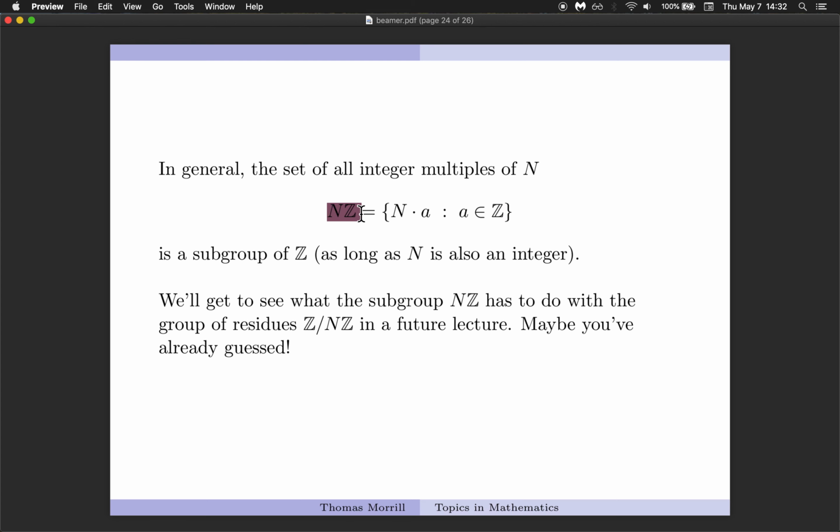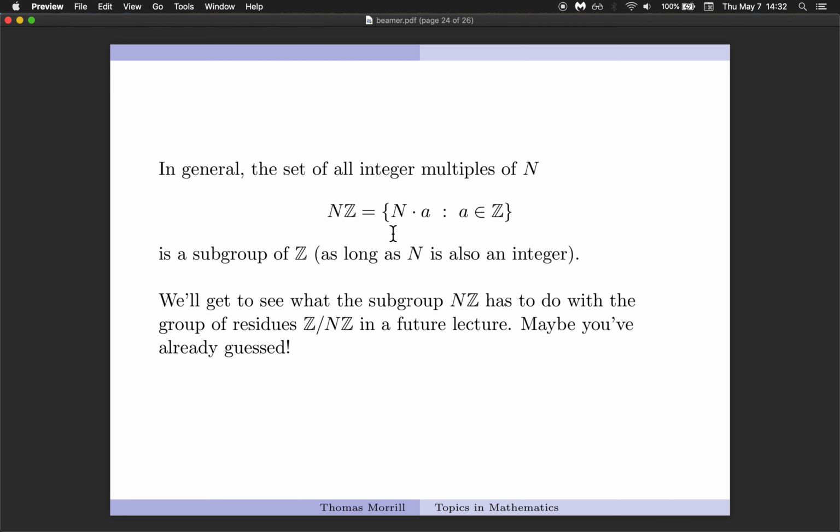So this set nZ is all integer multiples of n, and in fact, this will always be a subgroup of the integers Z. Right? So 0 is always in here.